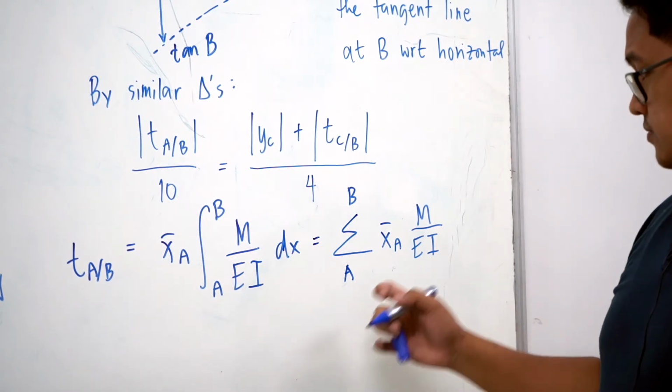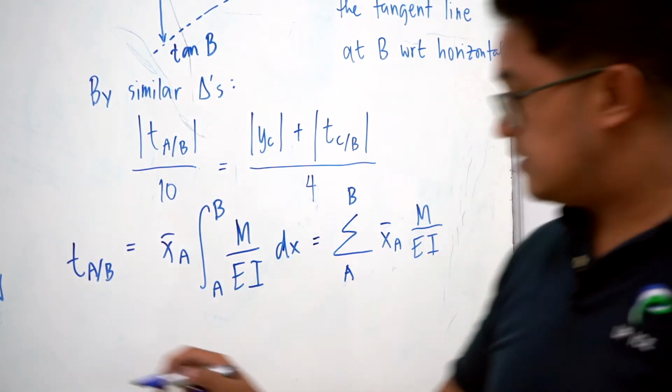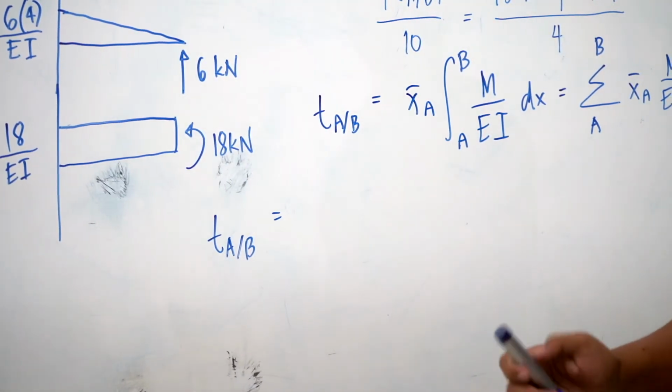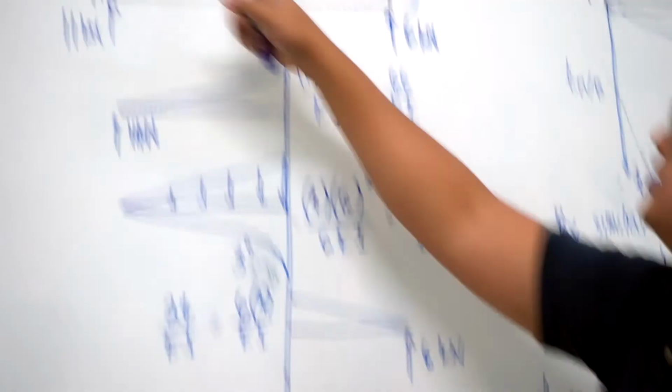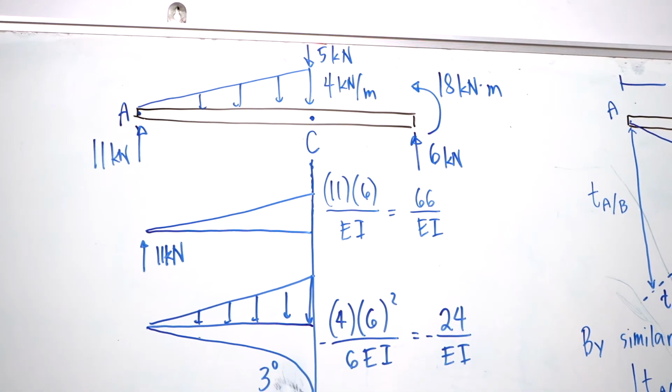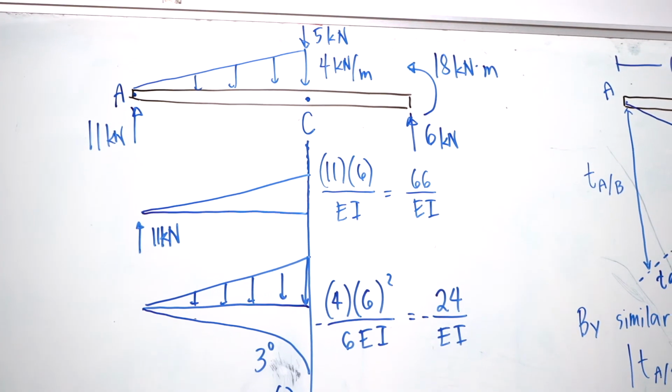So we'll apply this. All the areas between point A and point B means all the areas in our moment diagram, by parts.